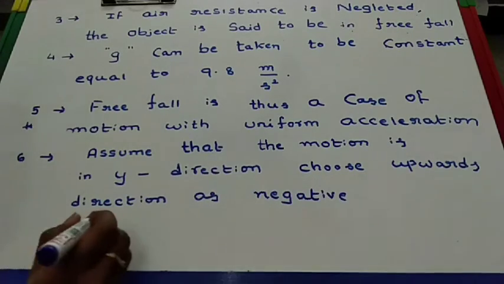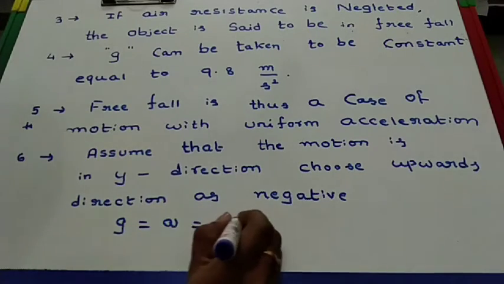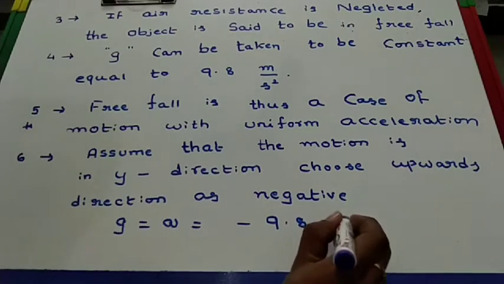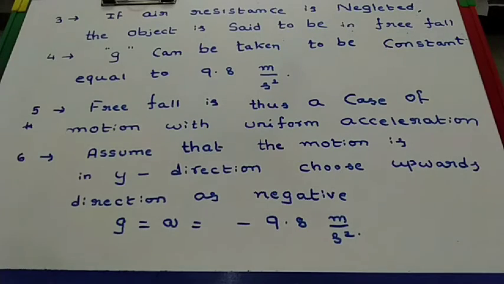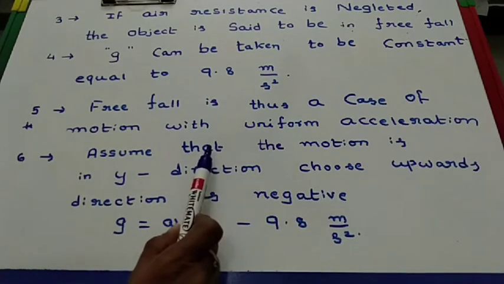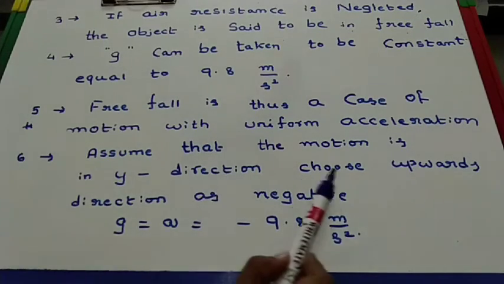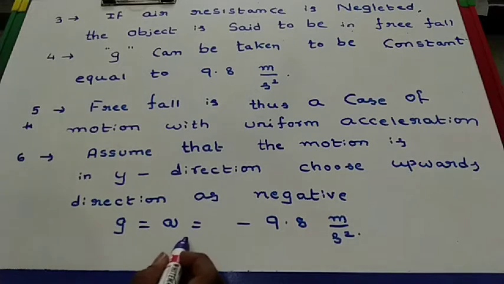That is g is equal to a is equal to minus 9.8 meter per second square. Once again I am repeating the point. Assume that the motion is in y direction. Choose upwards direction as negative. Therefore, g is equal to a is equal to minus 9.8 meter per second square.